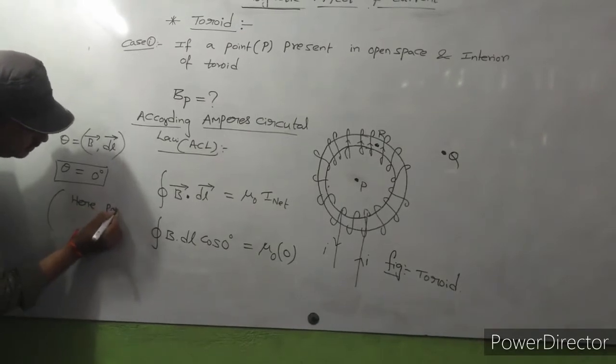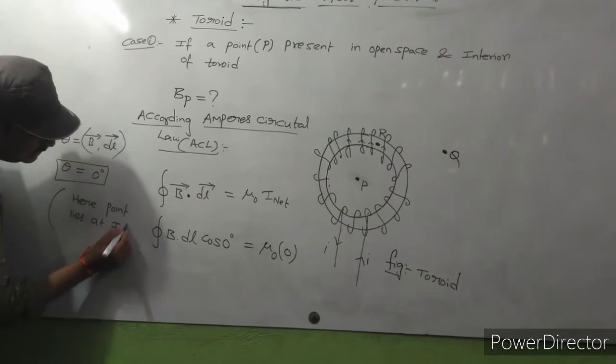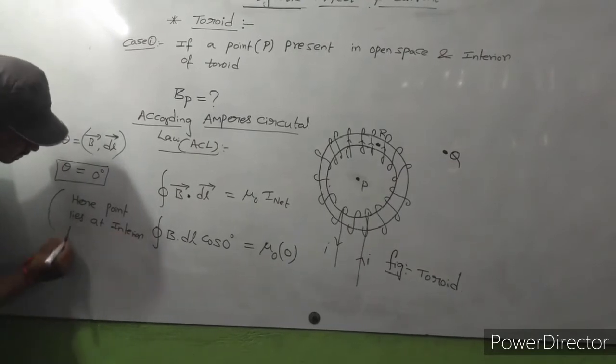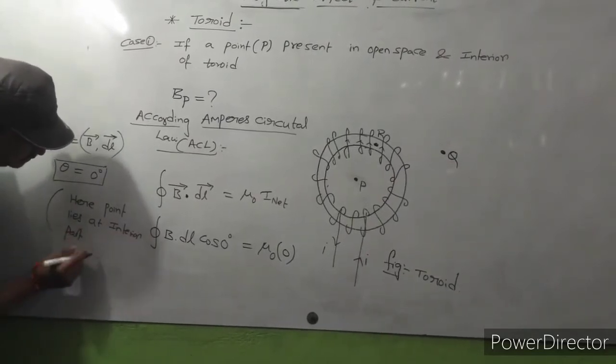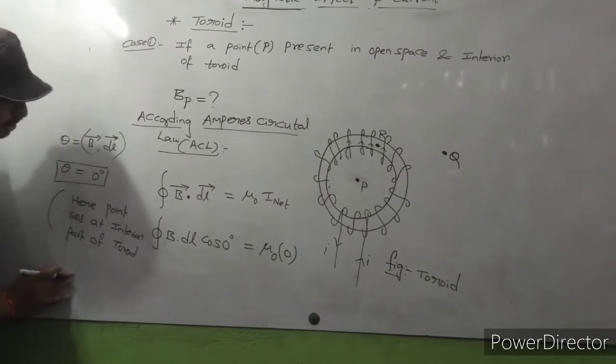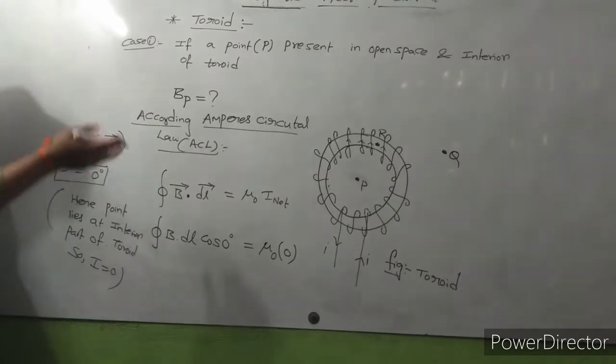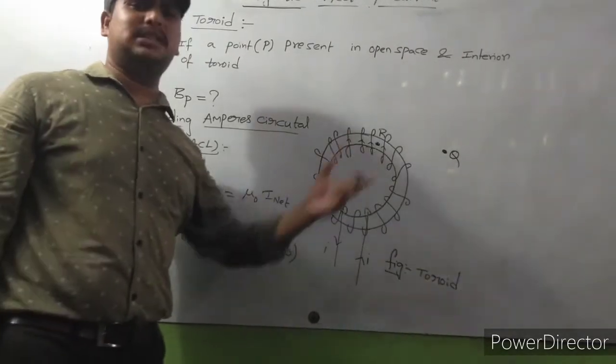Because this point lies at the interior part of the toroid, I is equal to 0. There is no current passing through this region. This is an open space.